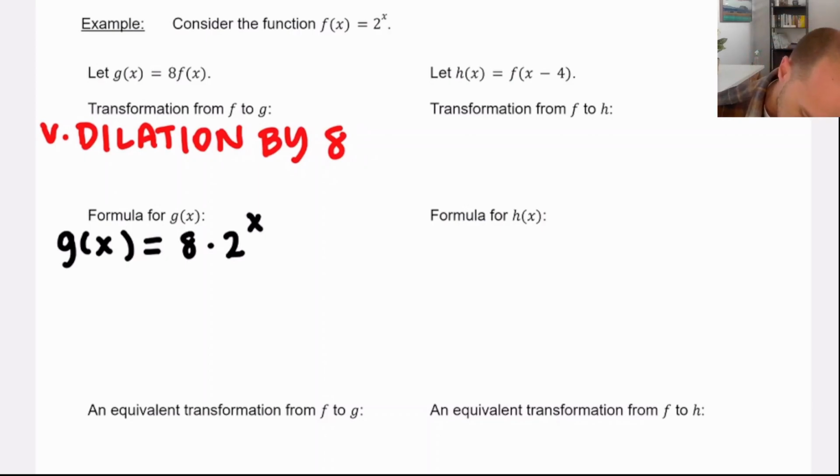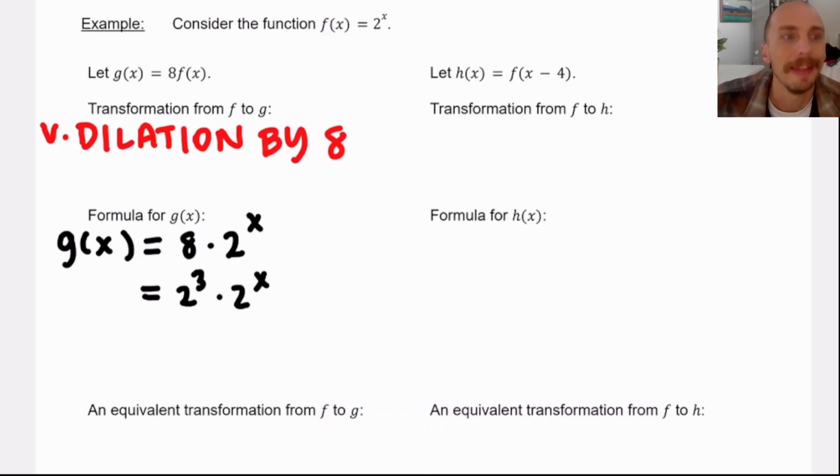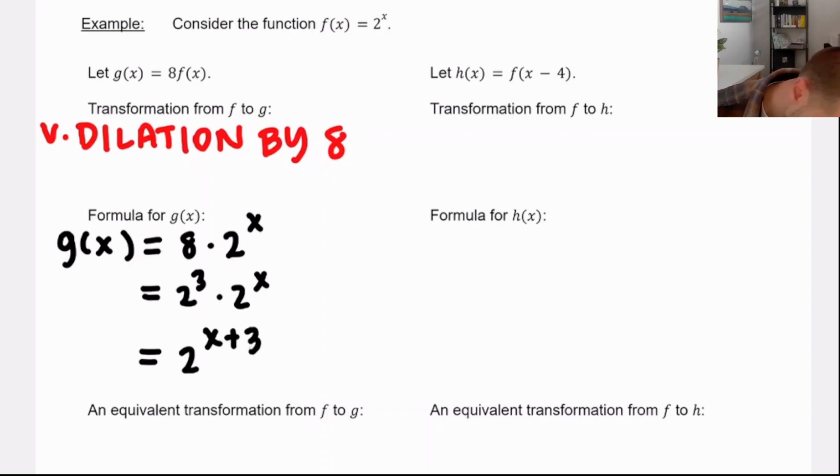But what I'm going to do is recognize, wait, 8 is a power of 2. So I'm going to rewrite that as 2 to the third times 2 to the x. And then if I'm multiplying two things with the same base and different exponents, that's where I'm going to add the exponents. So 3 plus x, that's like x plus 3. And all I did was just apply that exponent property.